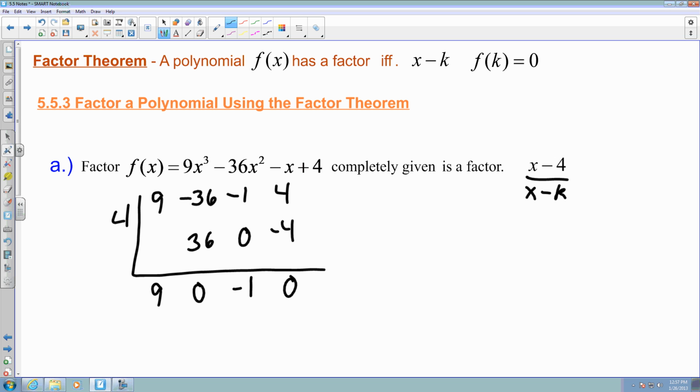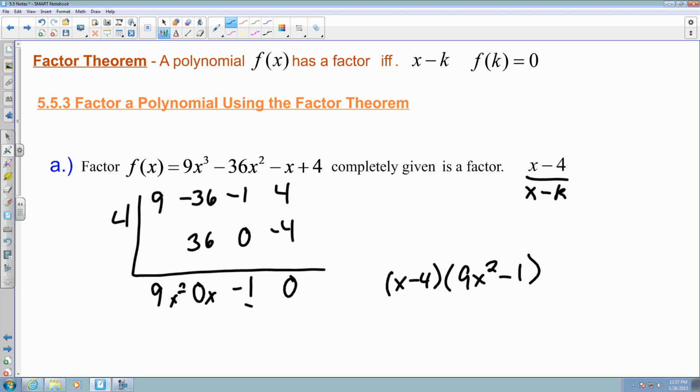So I have a remainder of 0, and this negative 1 is my constant. This is x, and this is x squared. So now I can say that I have x minus 4 multiplied by the quantity 9x squared minus 1.